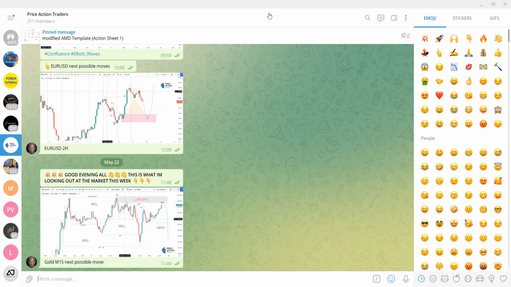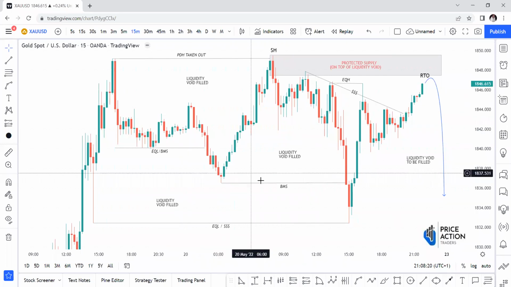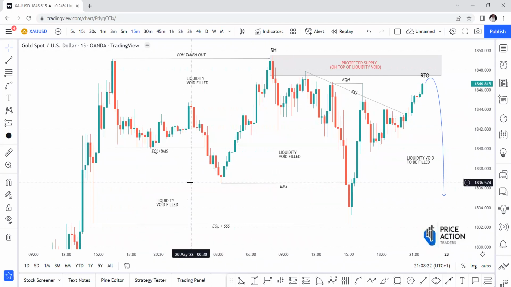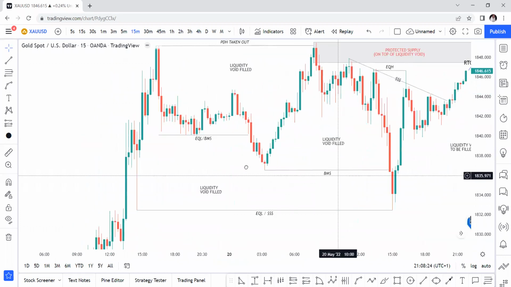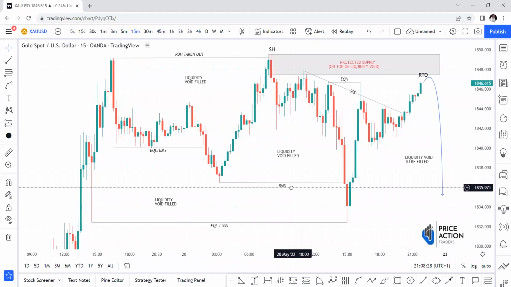So you will see that in that gold weekly chart or 5-minute and 15-minute chart, we have gold filling up and down, because we can see gold filling up and down the liquidity void that has been marked out by market makers, taking out highs and the lows.